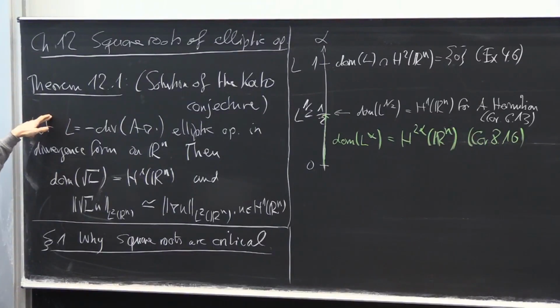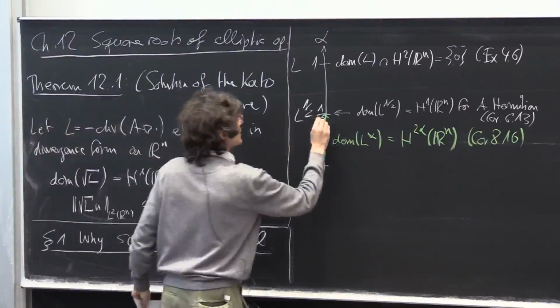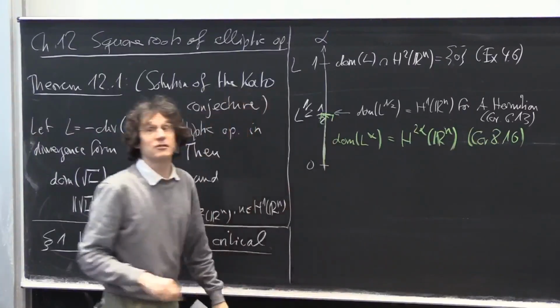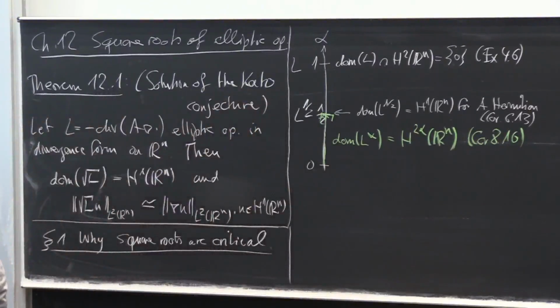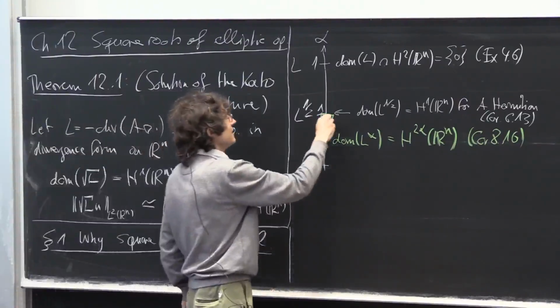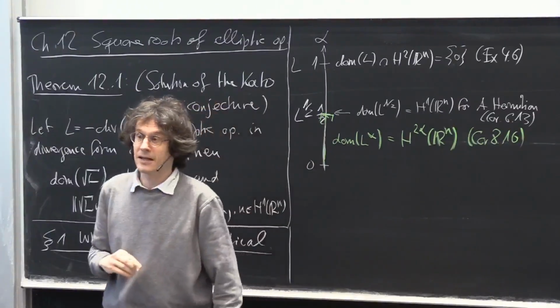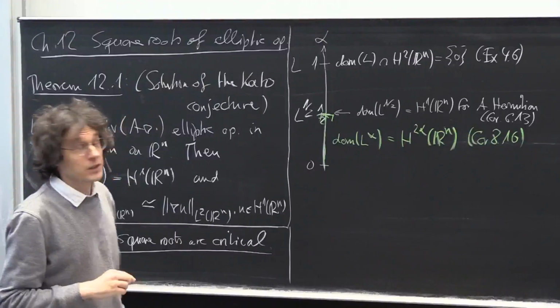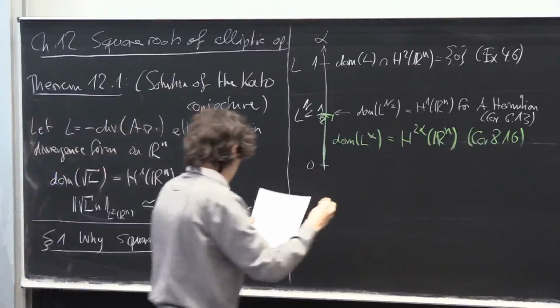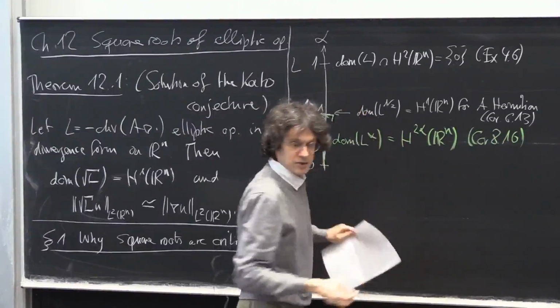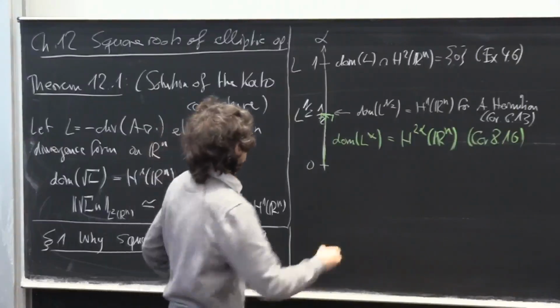So this proposition tells you, once we've proved it, that 1/2 is still okay for every divergence form operator, regardless of what the coefficients A are. But what I will show today is that exactly here is the cut. And for alpha bigger than 1/2, there is nothing more to expect. So there will be a proposition 12.2 today.